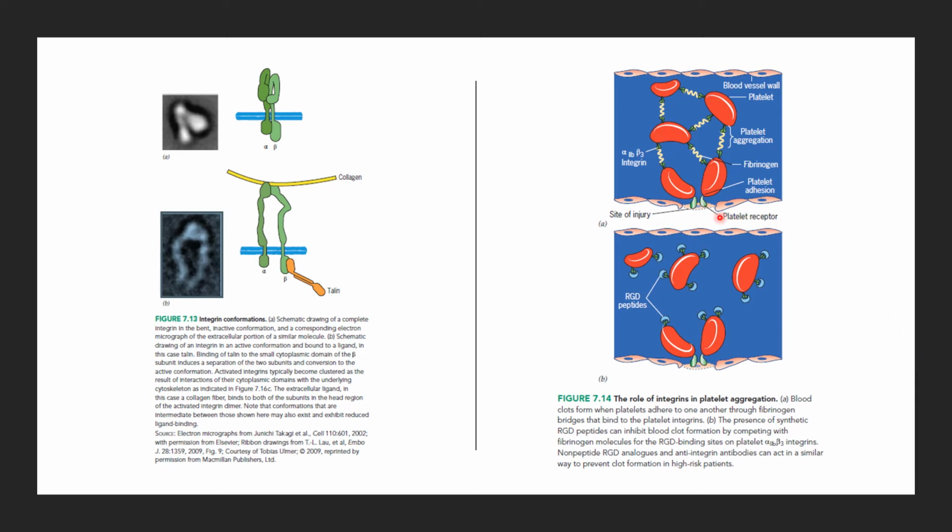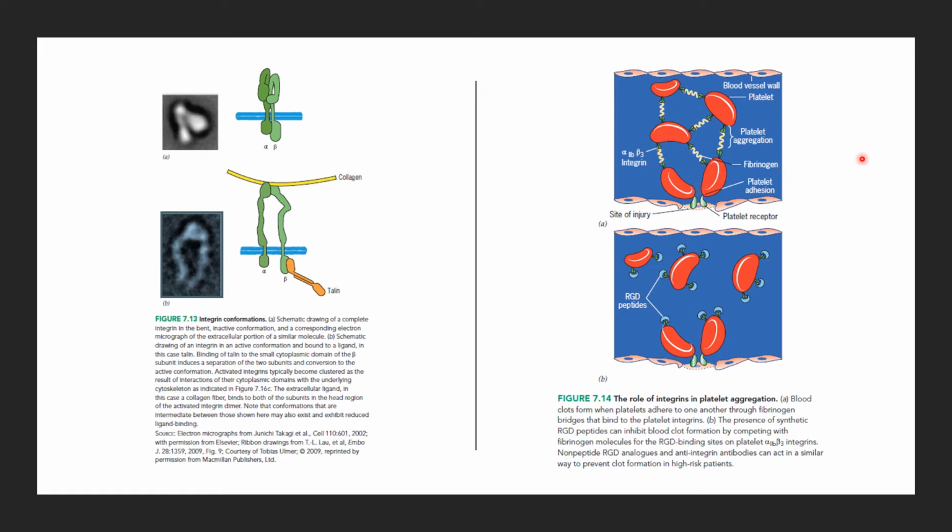At the site of the injury, you have the platelet receptors, and from there platelet adhesion happens, and the integrin has the role of connecting one platelet to another platelet.